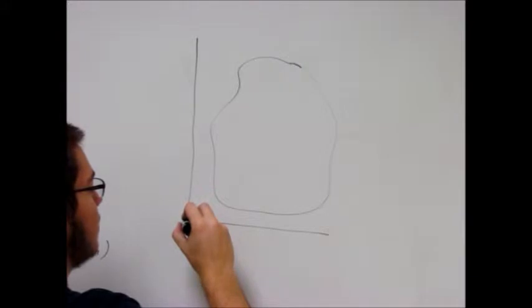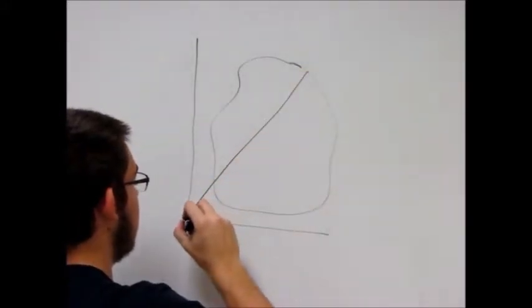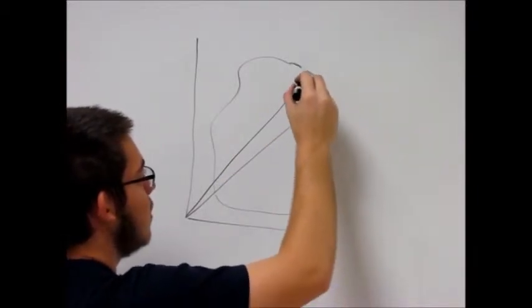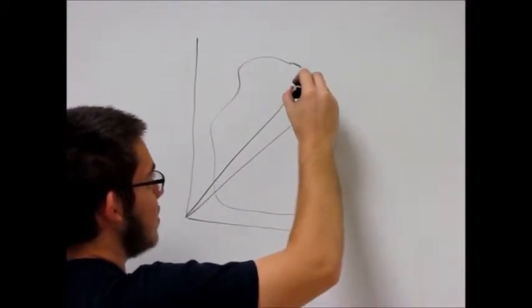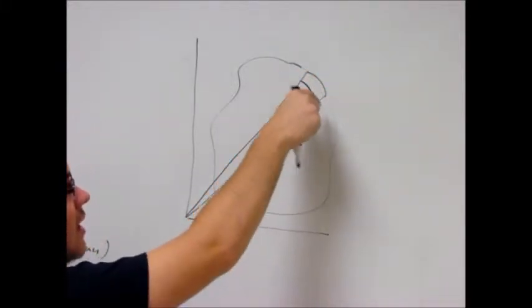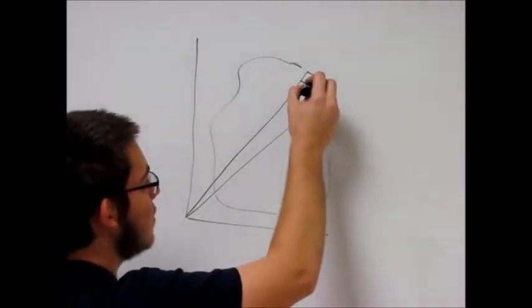We want to have something that's simpler. In polar, we have regions like this, a sort of circular slice. This is your delta A.